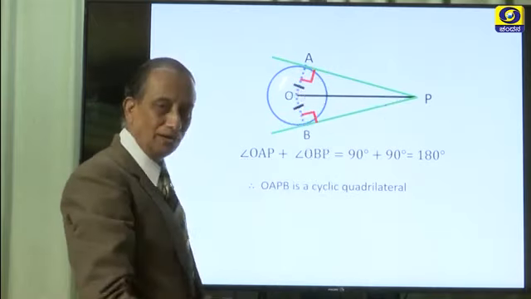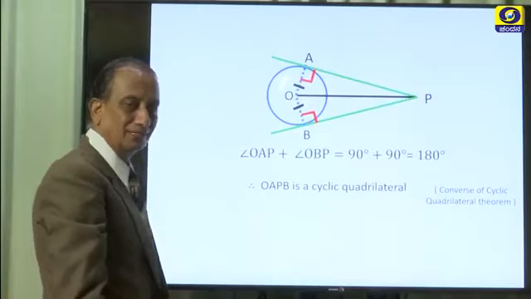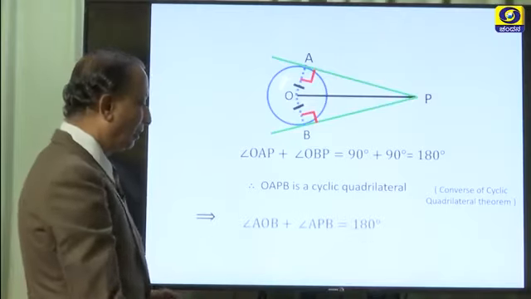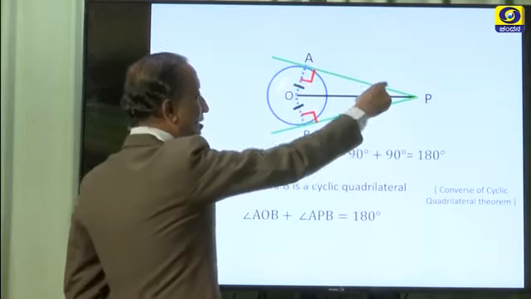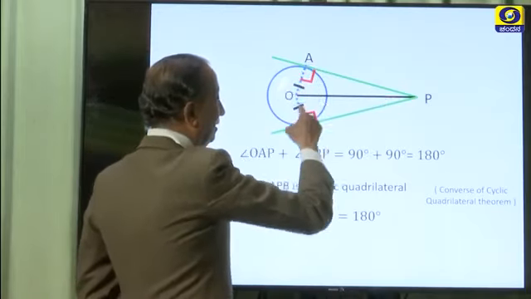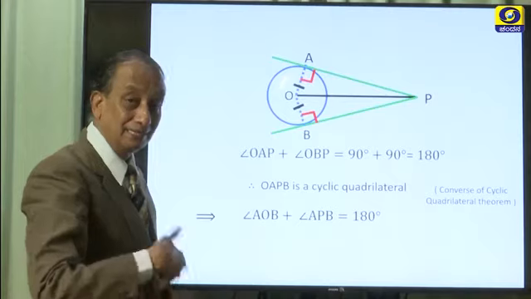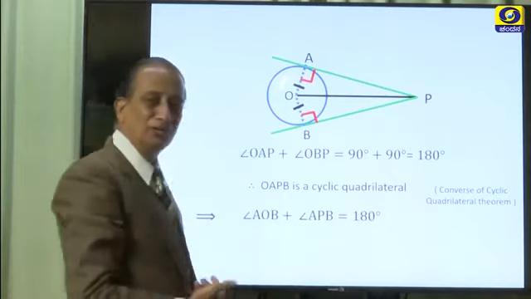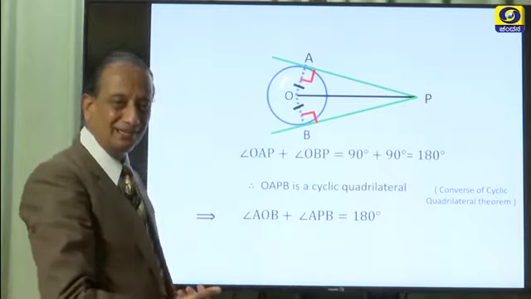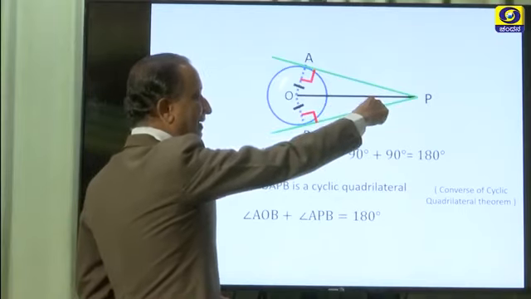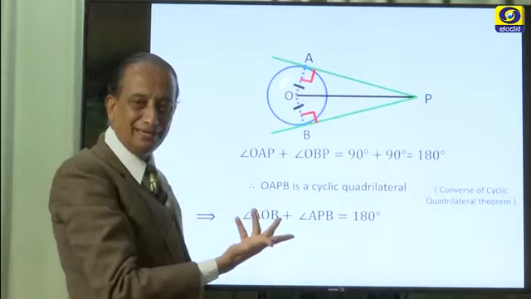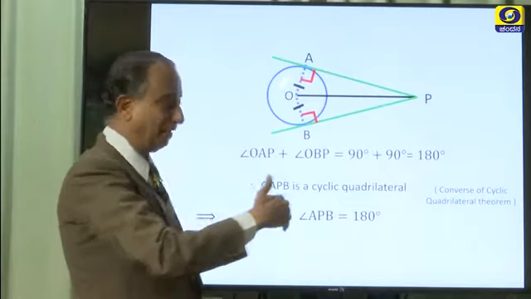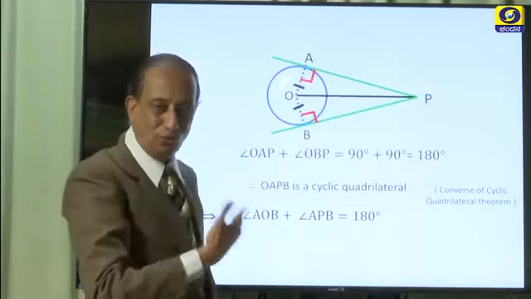Once it becomes a cyclic quadrilateral, we can also say that this angle AOB plus this angle, the other pair of opposite angles, their sum is also equal to 180 degrees. Correct, children? So, if this angle is 60 degrees, then 180 minus 60 is 120.